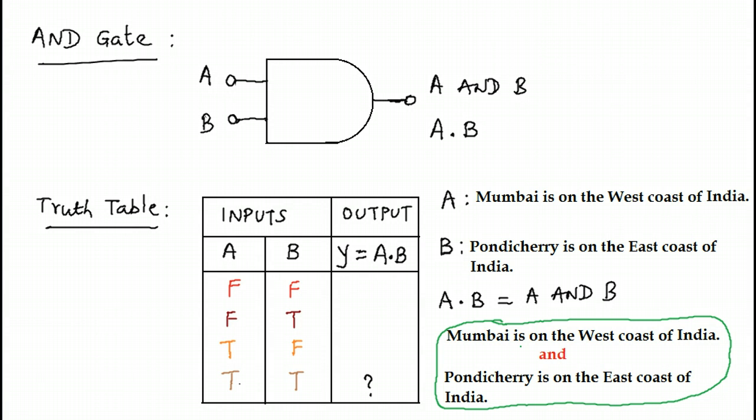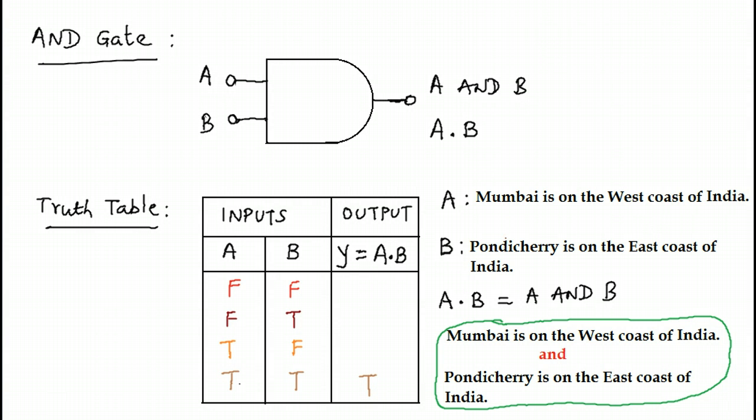Now obviously the answer is yes, this is the truth, and that is the reason why the value of A and B, when A is true and B is true, has to be true.